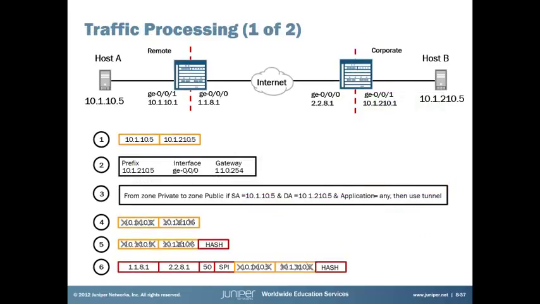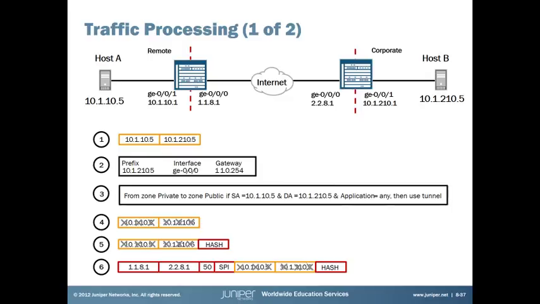Okay, traffic processing: we've got our two endpoints there. We are going to be putting our prefix, interface, and our gateway ID together. We're going from zone private to zone public. Then we've got our security association. We've got our source address and destination address, which is included in that security association.